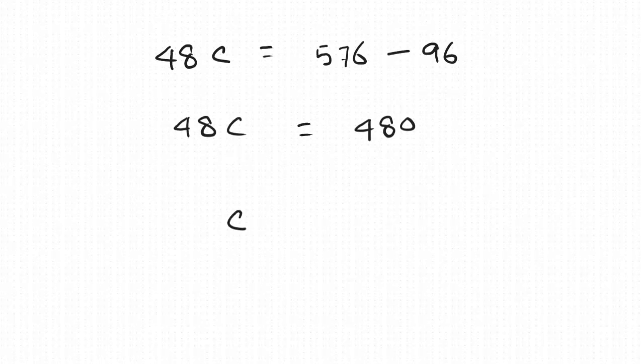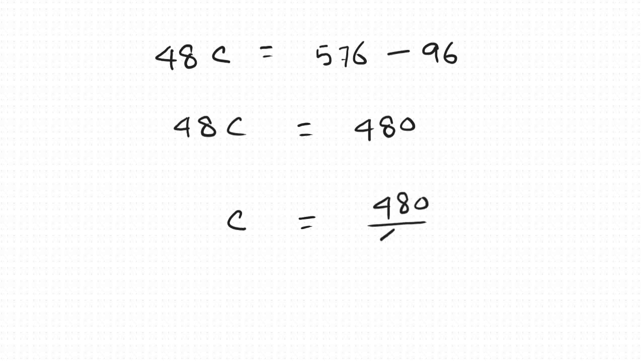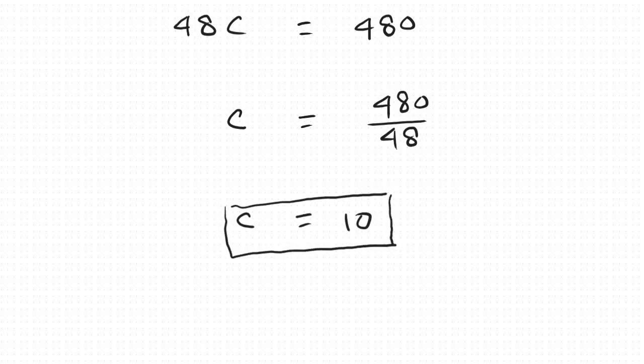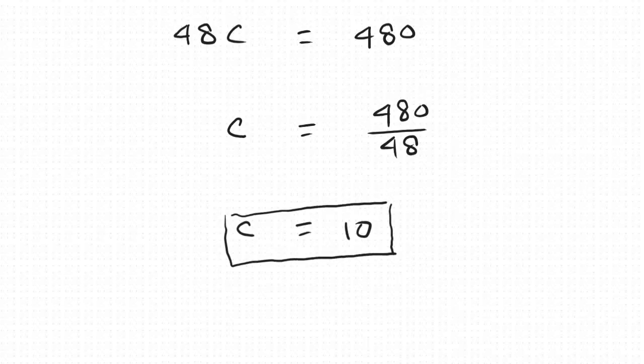So we get C as 480 divided by 48, or the value of C is 10. So we got the value of hypotenuse as 10 meter.